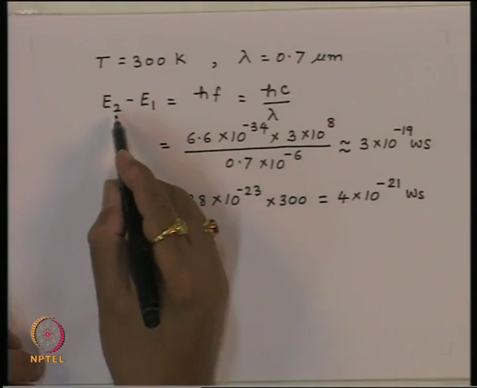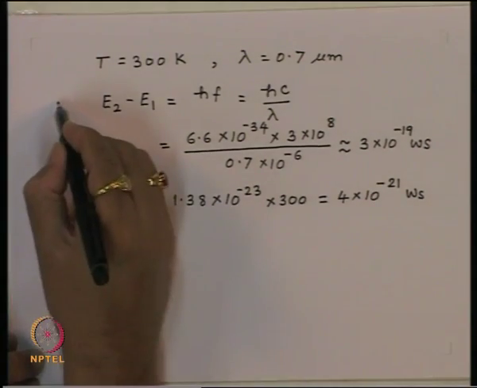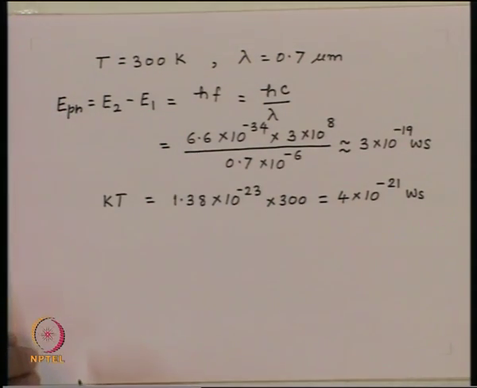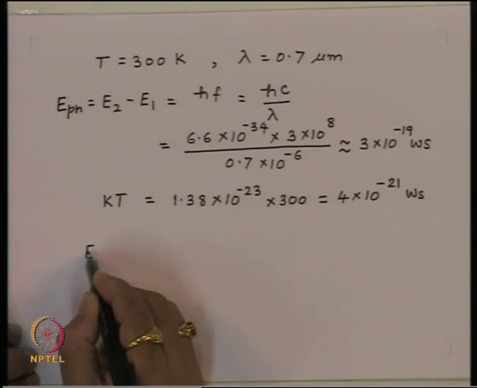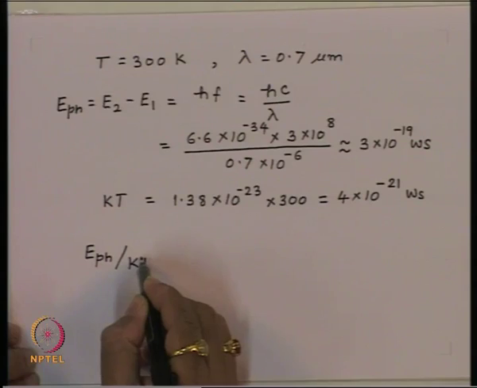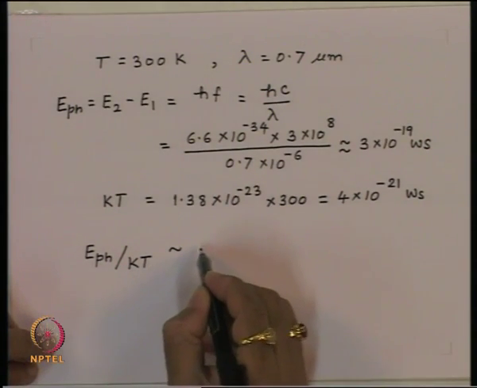So, if I get this quantity E2 minus E1 by kT, which is nothing but E photon by kT, this will be typically of the order of about 100.